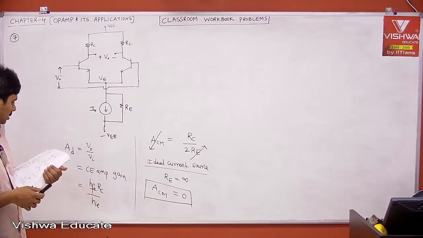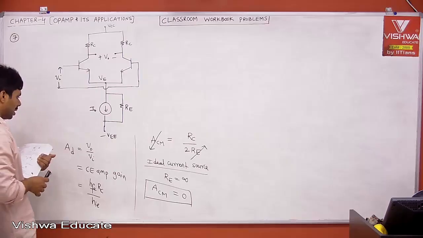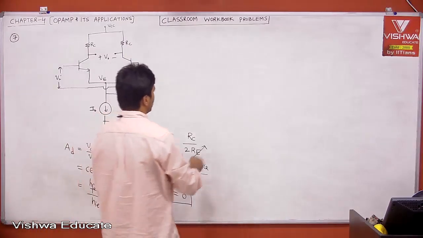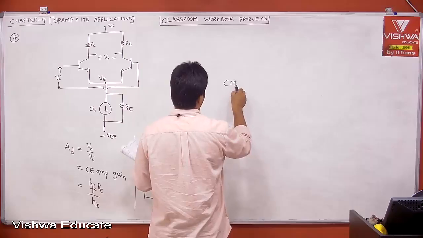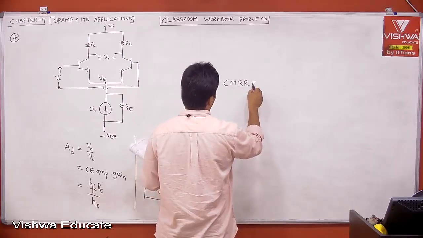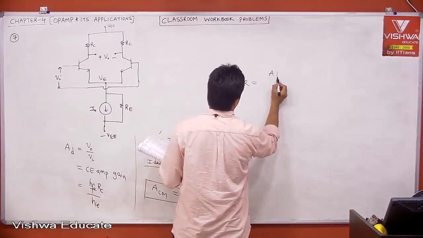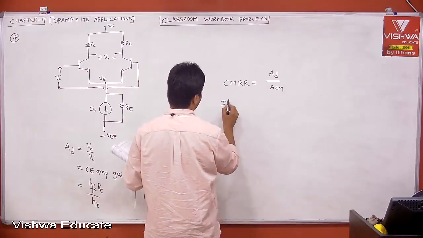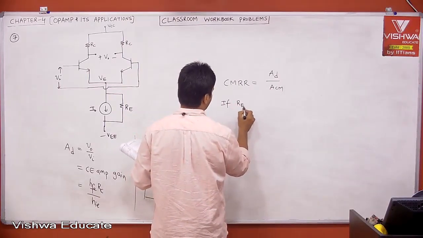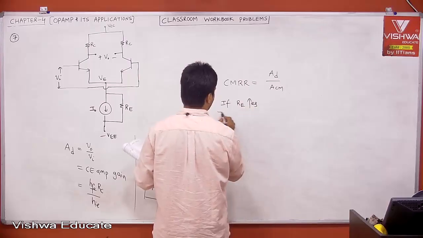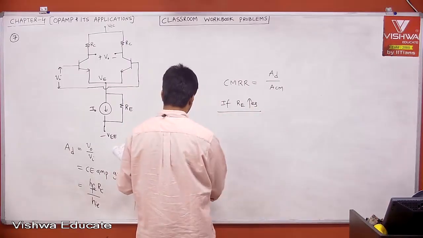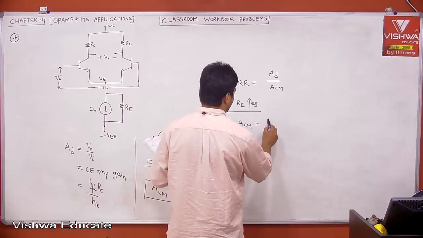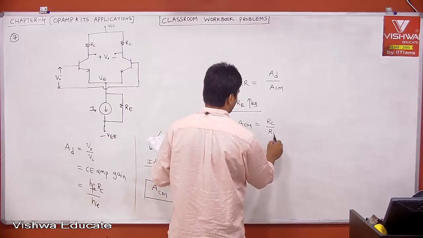AD is independent. ACM will decrease. But it is speaking about the common mode rejection ratio. Therefore, what is CMRR? CMRR is equal to differential gain divided by common mode gain. Tell me, if RE increases, then what about your common mode gain, which is RC divided by RE?